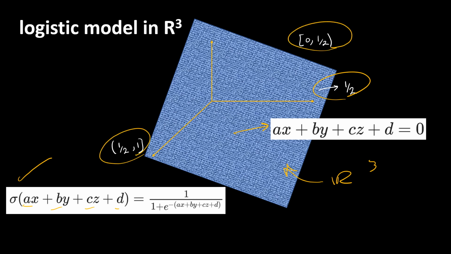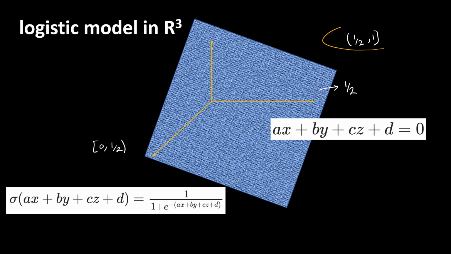So based on the value of A, B, C, D, this logistic model assigns a point on this interval or on this interval to the points on the back of the hyperplane or on the front of the hyperplane. Or it can assign probabilities from this interval to the back of the hyperplane and from this interval to the front of the hyperplane.